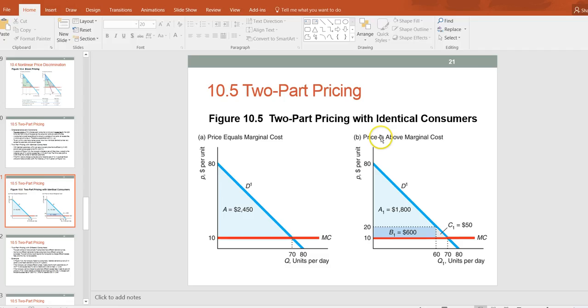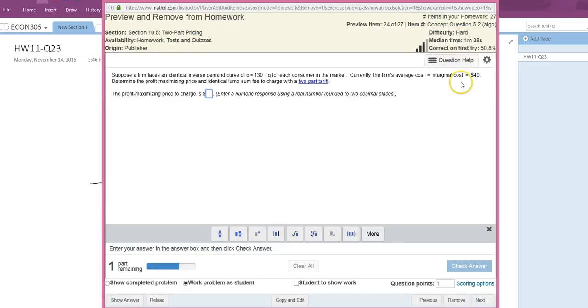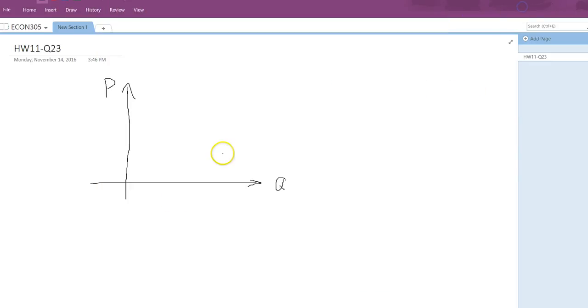The marginal cost equals the average cost based on this question, so the average cost is $40. Here I just draw $40 as a straight horizontal line.